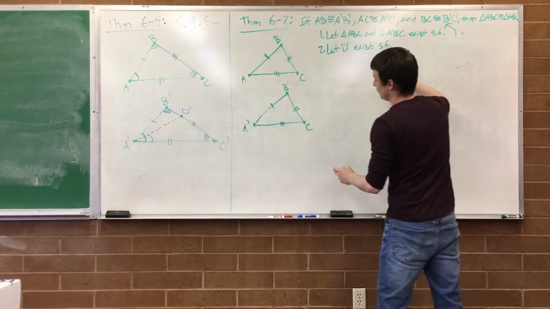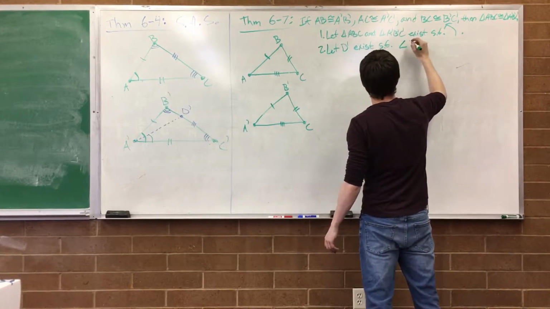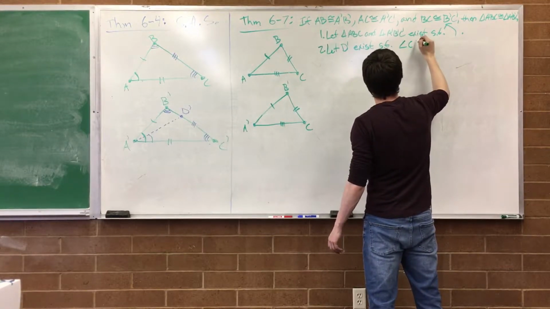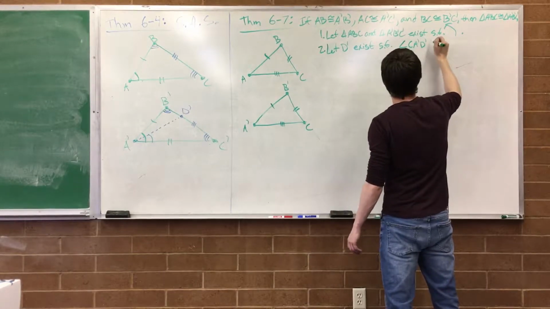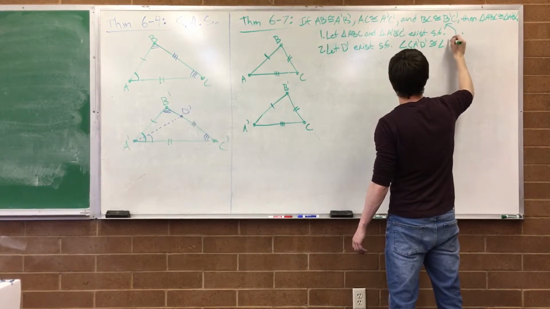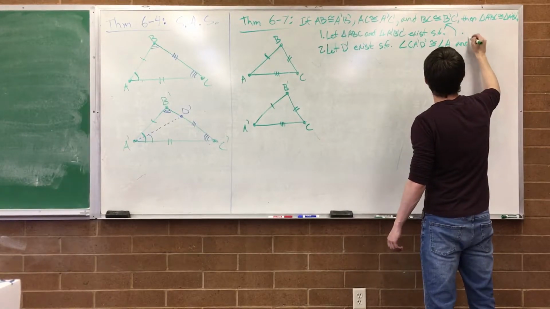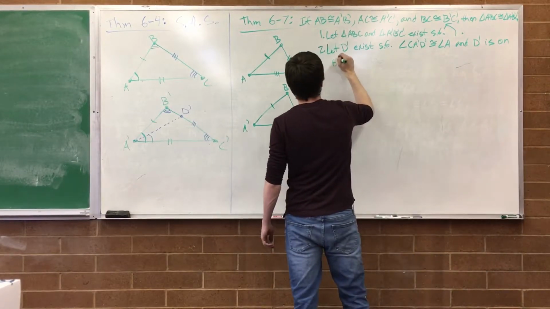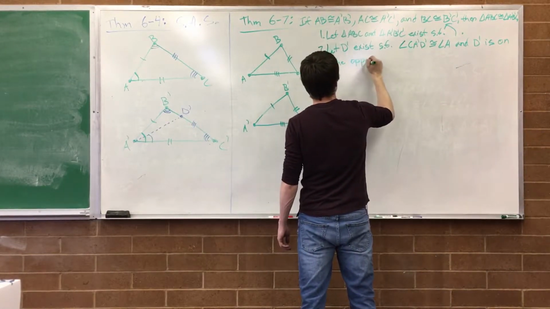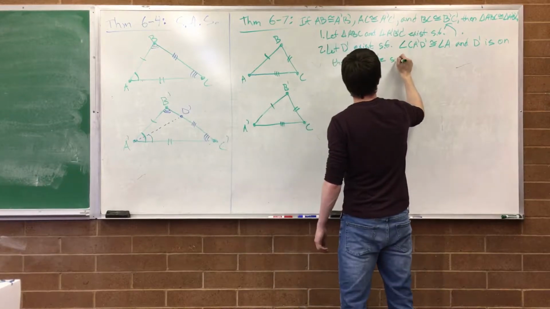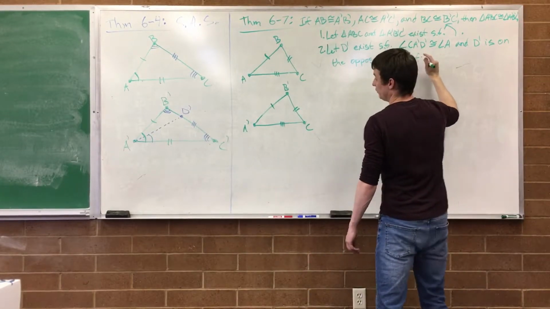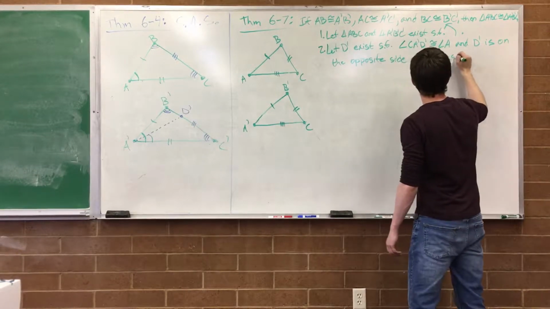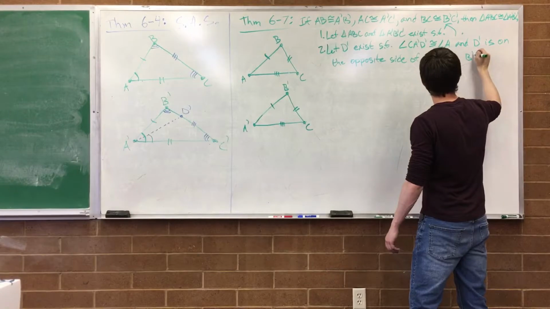So let D prime exist such that angle C A prime D prime is congruent to angle A, and D prime is on the opposite side of A prime C prime as B prime.